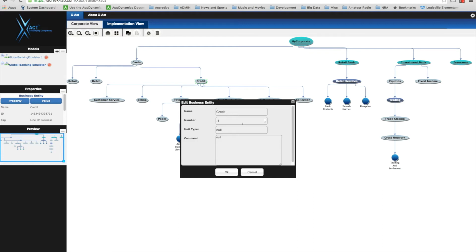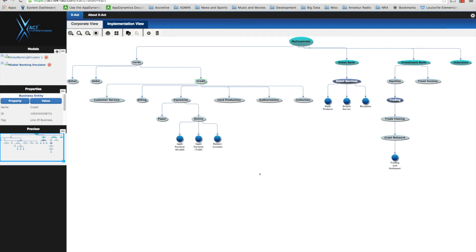A -1 means to inherit from the parent above. So in this case, the 900 in the cards is going to be passed down, affected by the utilization percentage of the line, and set that value there.